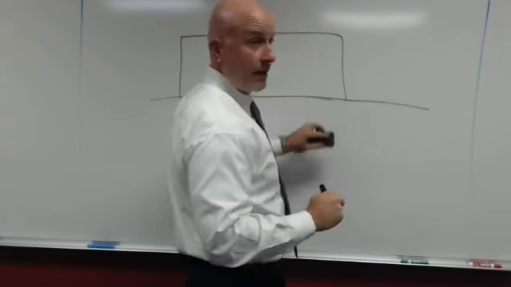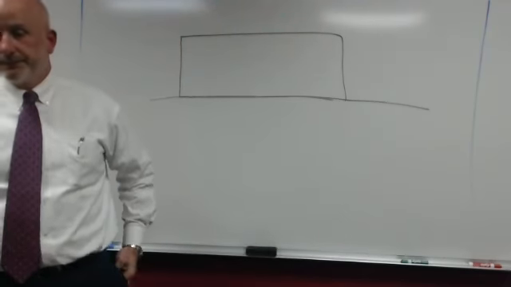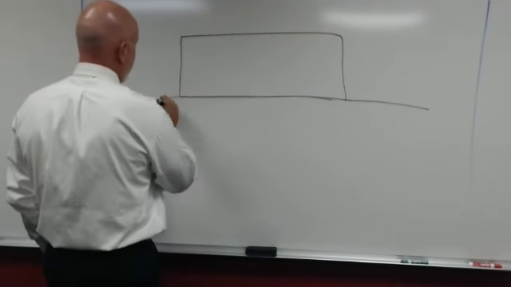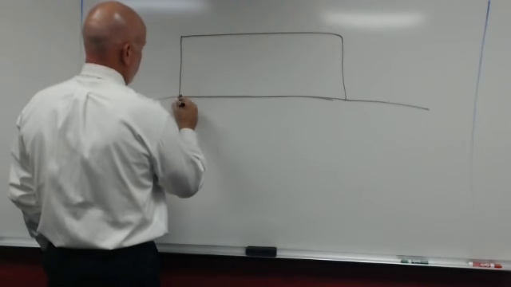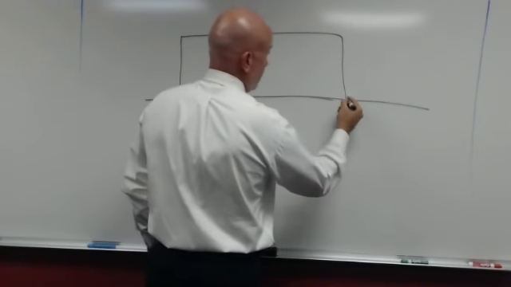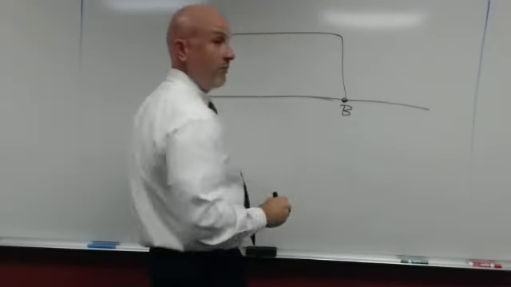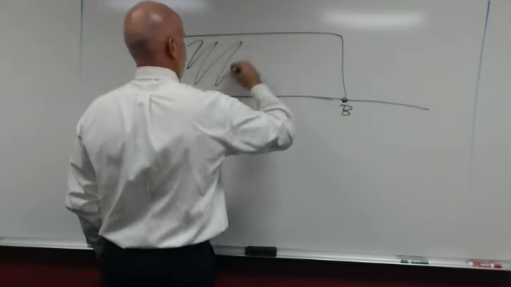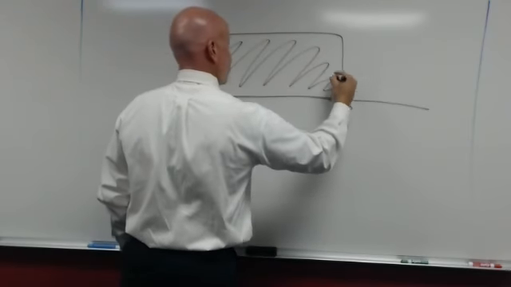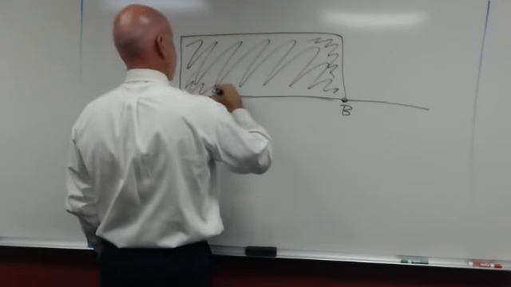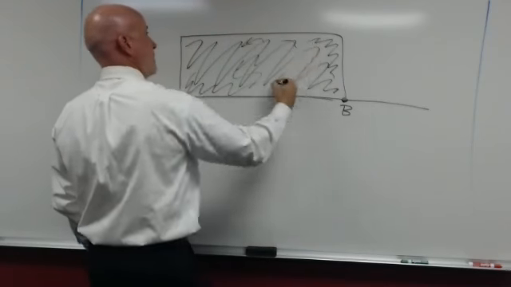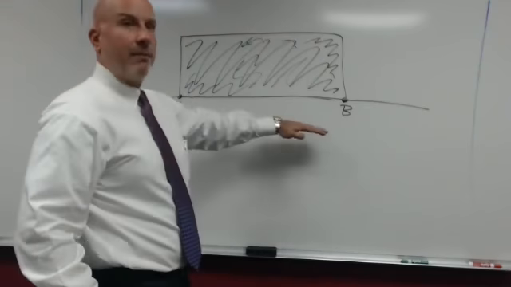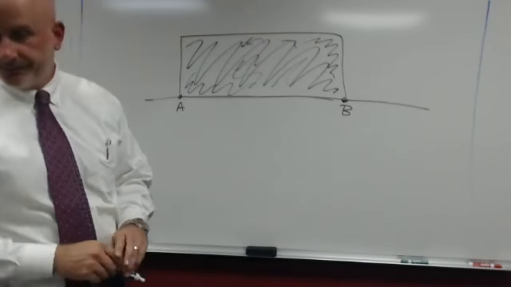All right, now what are the characteristics here? How are we defining it? By points A and B. Rectangular in shape and defined by points A and B.